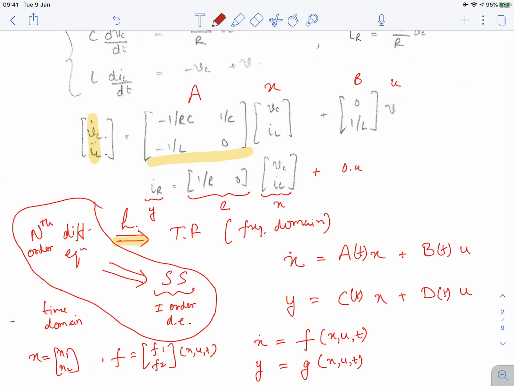Like I said, you can choose any variables as the states, whether they have some physical significance or not. But it is of much more significance if it has some physical significance in the given system.